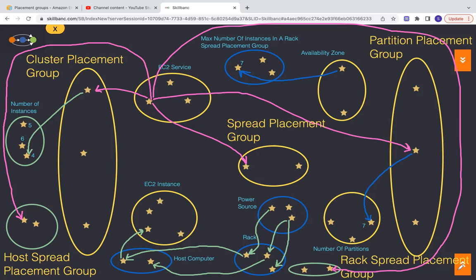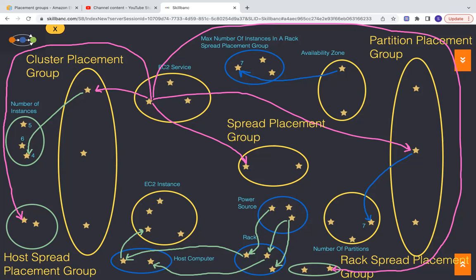Because of an AWS hardware failure in a particular availability zone, if I only have this application in one availability zone, then if something happens to a part of the availability zone, my application will be down and people will be affected.